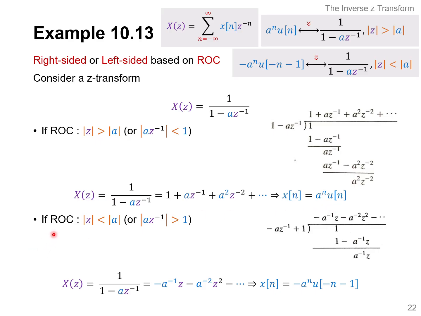If the ROC is the magnitude of z smaller than a, the ROC is inside the circle with radius a. We expand the expression again. This time, the power series looks like this. Because a times z to the minus 1 is larger than 1, we have the equation like this.